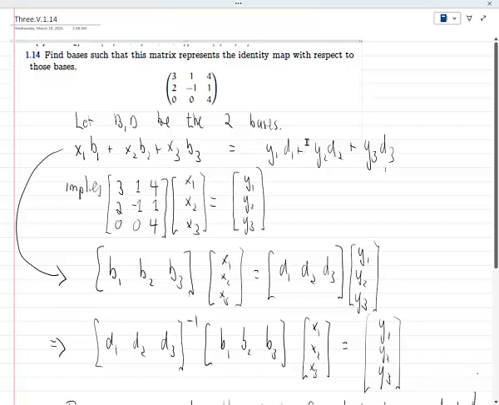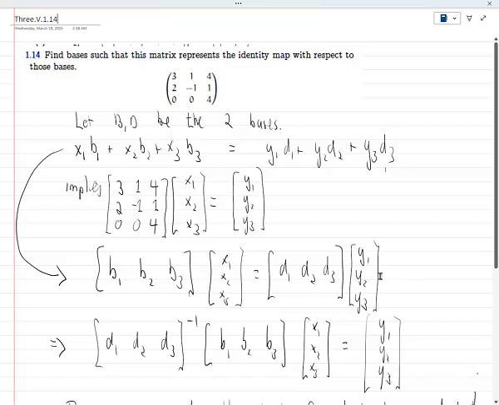Same over here. This vector expression here, y1 d1 plus y2 d2 plus y3 d3, can be written as the column vectors d1, d2, d3 times this column vector consisting of the coefficients y1, y2, y3. Okay. Now, once you have this matrix equation, it's an elementary matter to convert this to an equation that relates y from x, right?